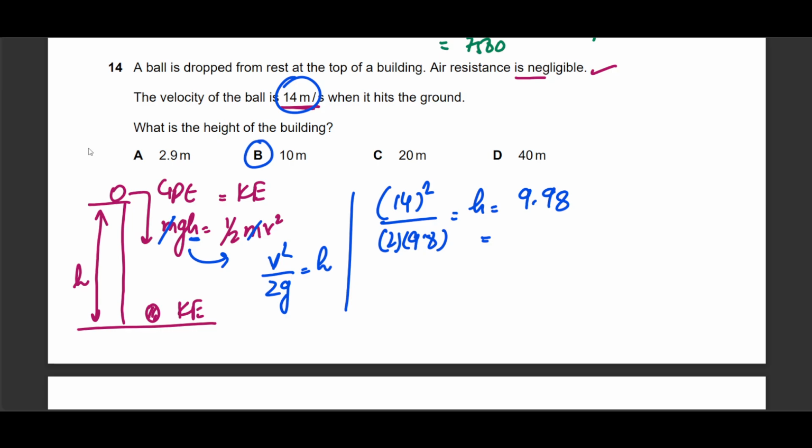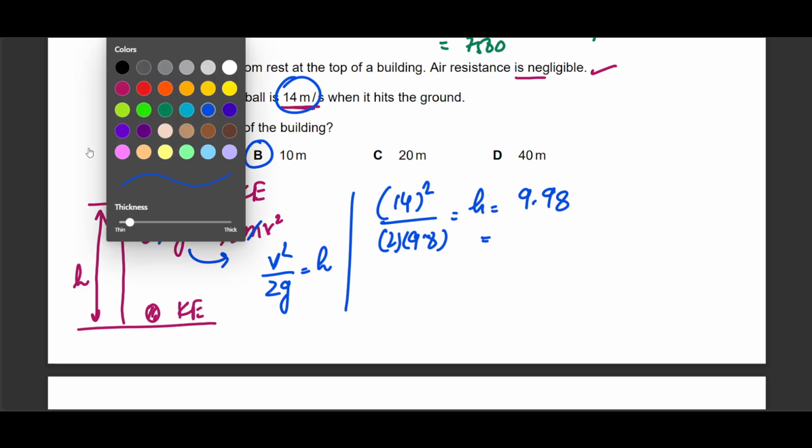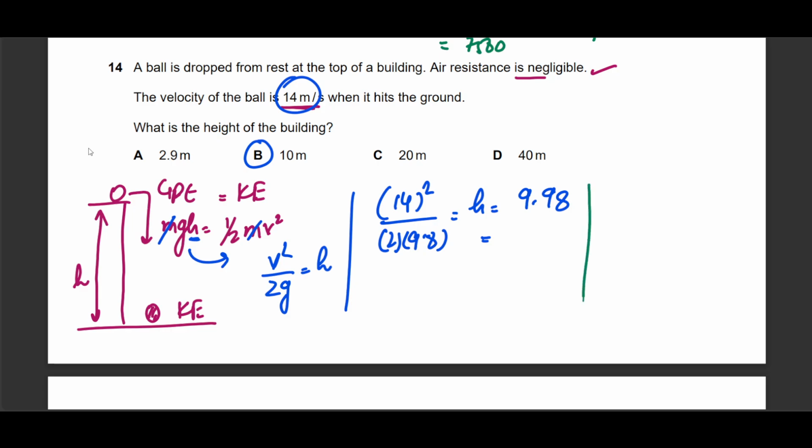Now, one thing you could have done is, if you were unable to reverse engineer the question, solve it using the memorized formula that you already have from previous lessons or classes, v equals square root of 2gh, which of course is rearranged from this formula. You may have memorized this.